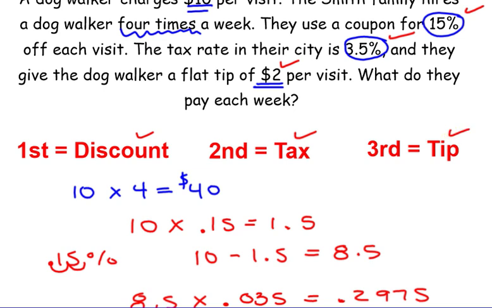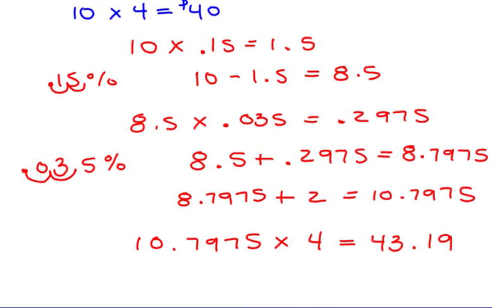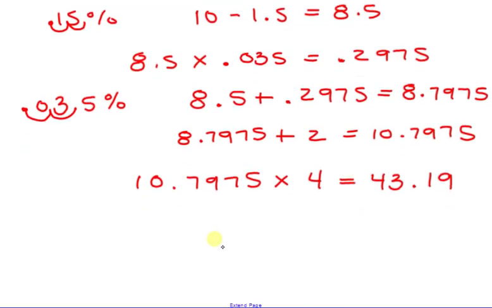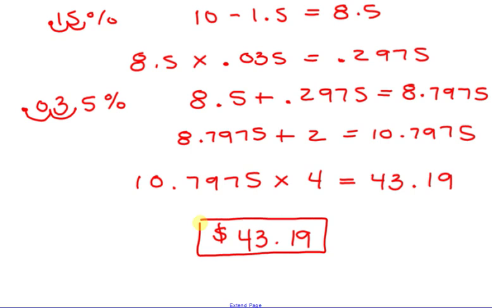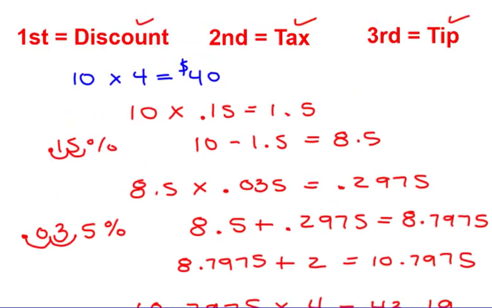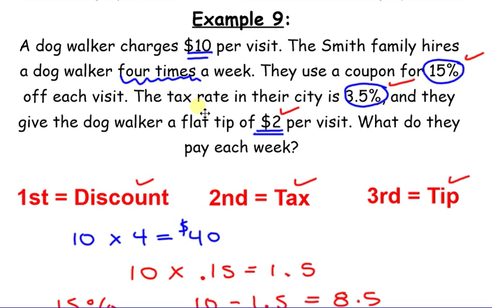When we multiplied that out, we didn't even have to round it. So what do they pay per week? $43.19. And it's always a good idea once you think you have your final answer just to go back to the problem, especially one as complicated as this, and just make sure that you hit all the points. So we did 4 times a week, we did the coupon for 15%, we did the tax rate of 3.5%, and we did the $2 per visit.